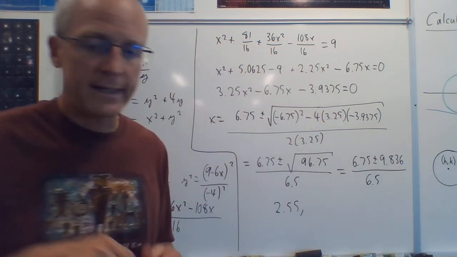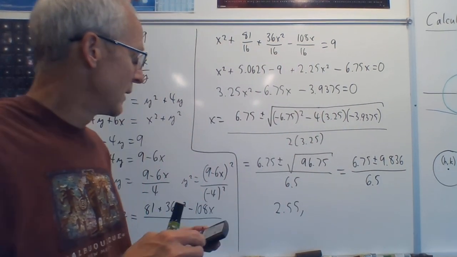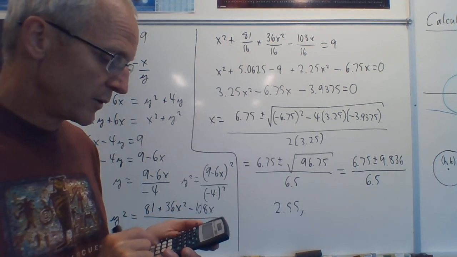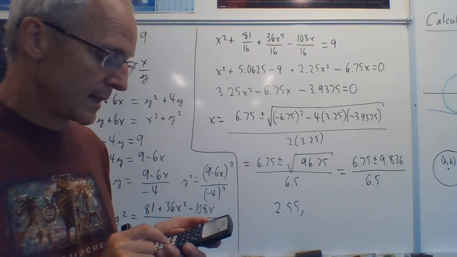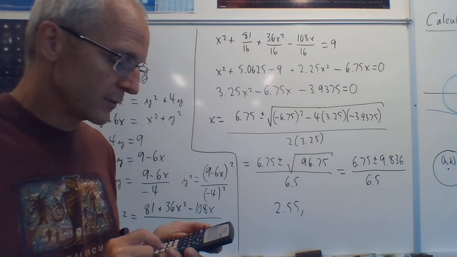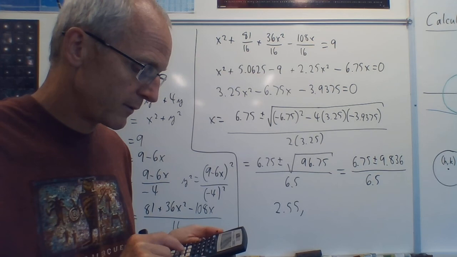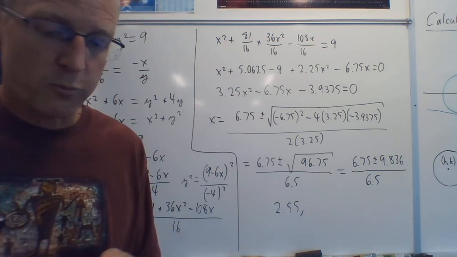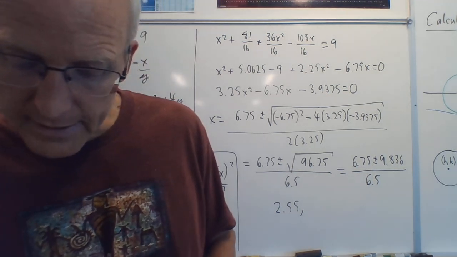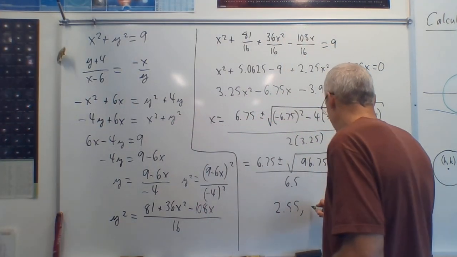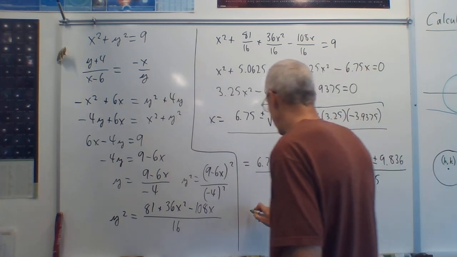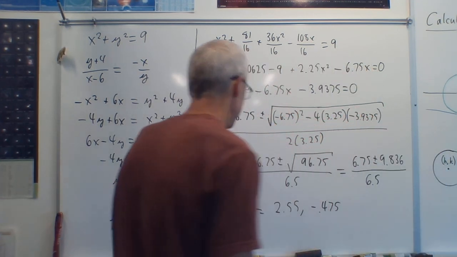Or we take the minus, this can be a negative answer. 6.75 minus 9.836, divided by 6.5. That's negative 0.475. Those are the x values. X is each of those.